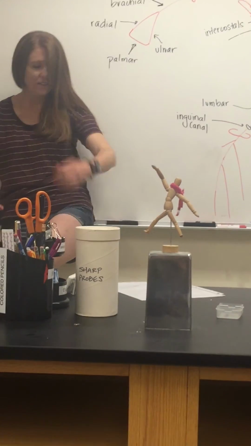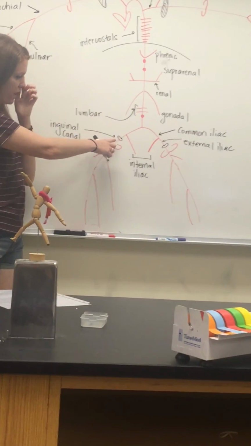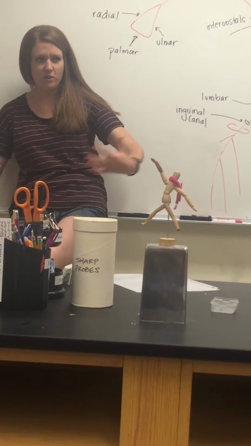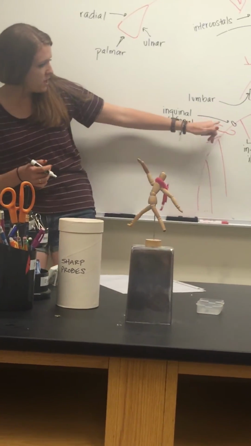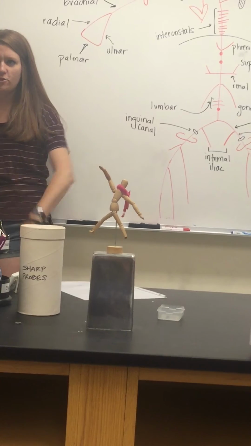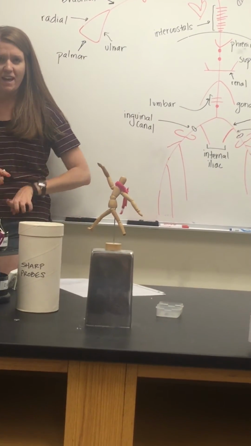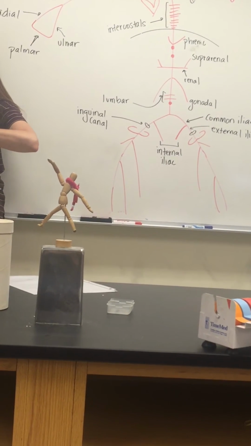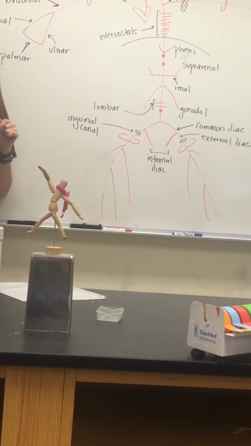So all of these vessels that go out to the leg are traveling outside of your body cavity. The inguinal canal is the hole that those vessels travel through as they exit the body wall.